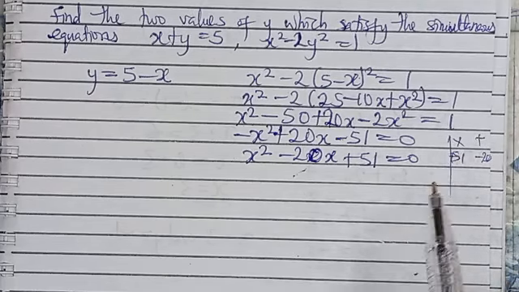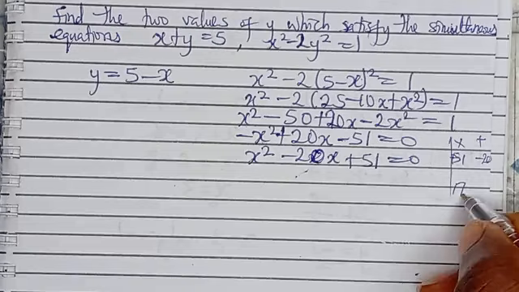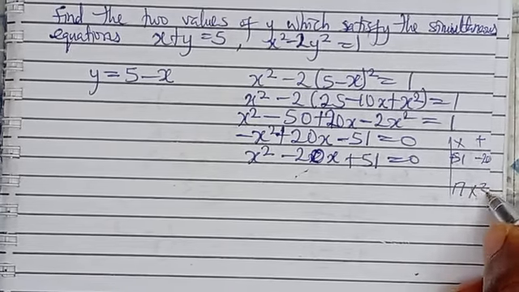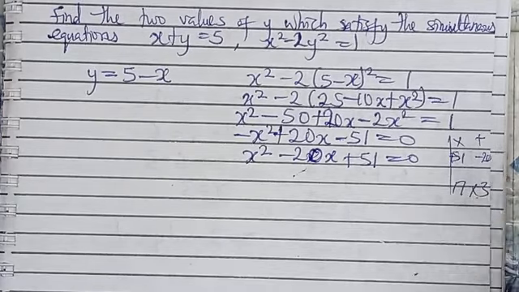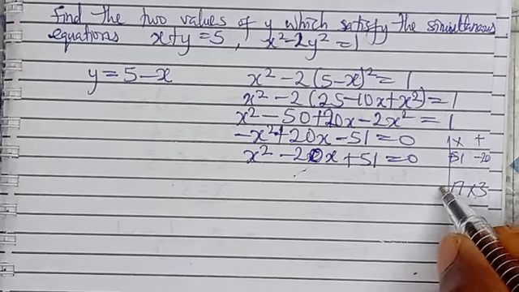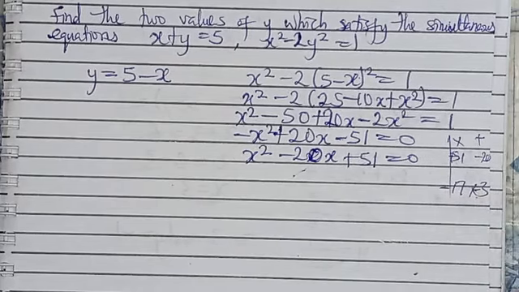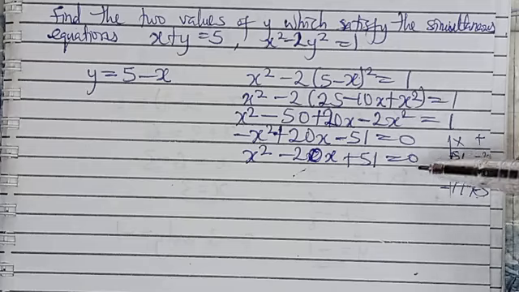Now, when 3 divides 51, we are going to get 17. That's 17 and 3. And we can see that 17 plus 3 is 20. So this is factorizable. Now, we have minus 17 minus 3. And so minus 17 times minus 3 is plus 51, and minus 17 minus 3 is negative 20.